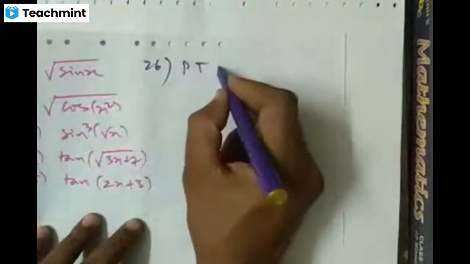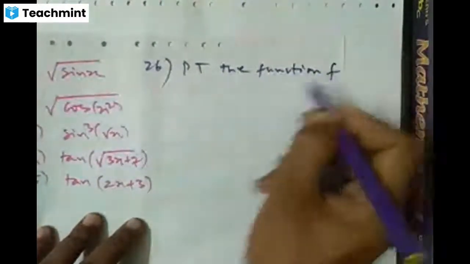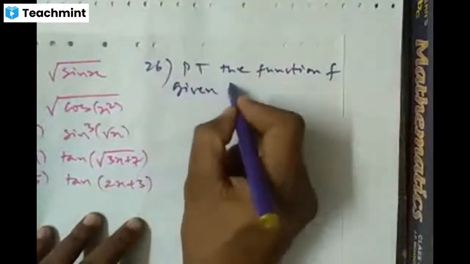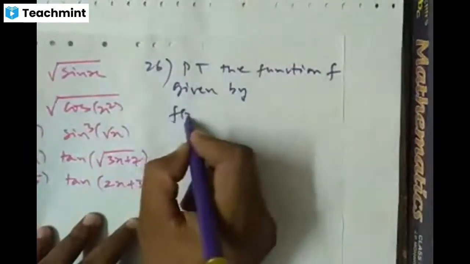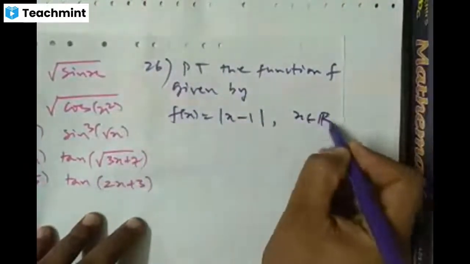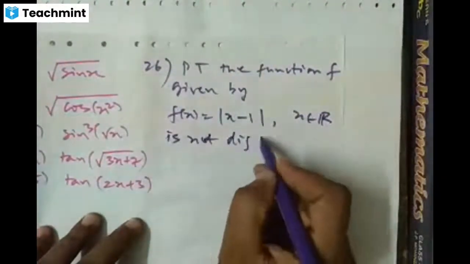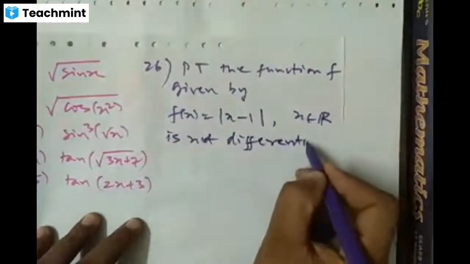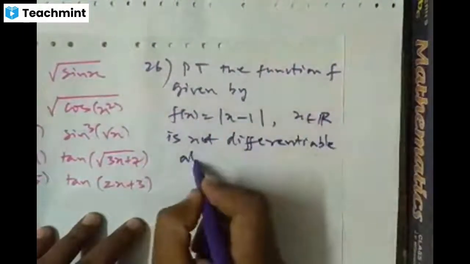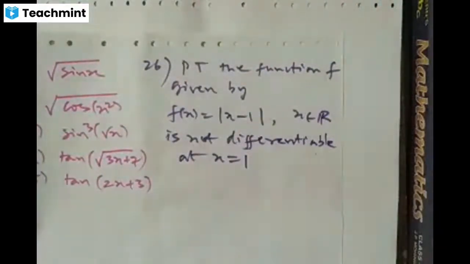Prove that the function f given by f of x is equal to modulus of x minus 1, where x belongs to the set of real numbers R, is not differentiable at the point x is equal to 1. Prove that the given modulus function is not differentiable at the point x equal to 1.